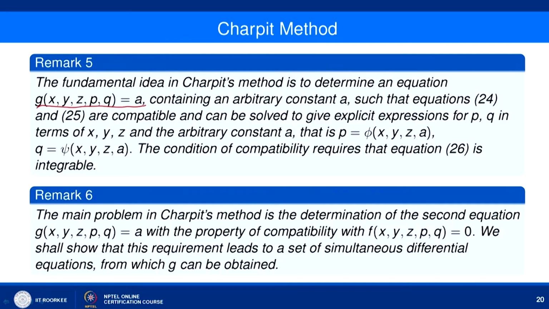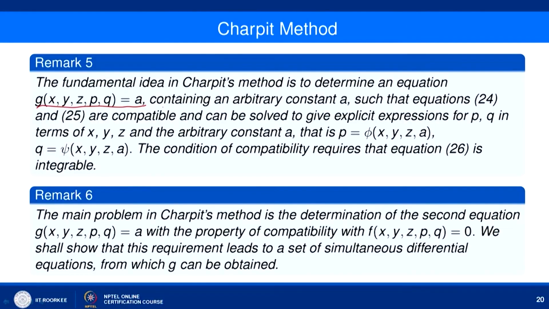So, our main problem is how to find a second differential equation which has the following property, that by which we can find the expressions for p and q, and that dz equal to p dx plus q dy is integrable.